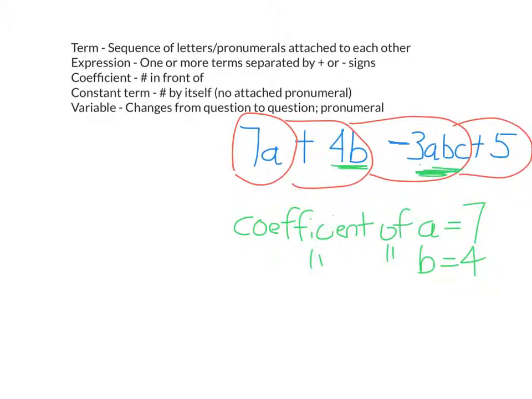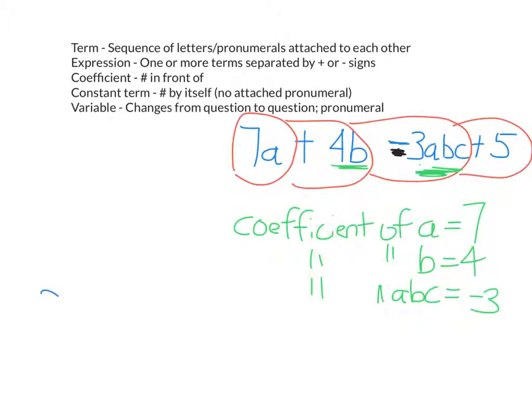So for that last term, that third term, I might talk about the coefficient of ABC. So that's the number in front of ABC. Now you probably think it's 3, but actually this minus here belongs to the 3. I know it might be a bit difficult. Some of you haven't had much experience with negative numbers, but the coefficient of ABC is actually negative 3, not positive 3.